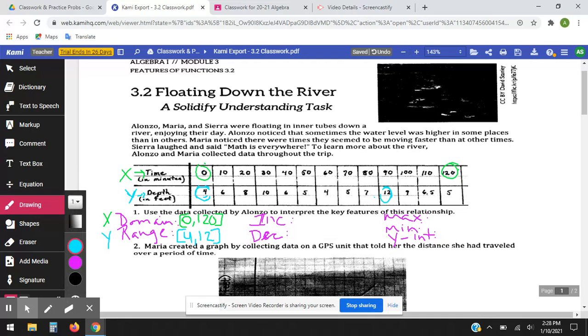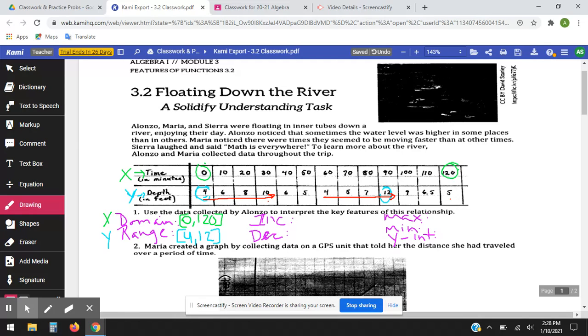So now increasing intervals. Our increasing interval is anytime ours is going up. So in this case, here we're going from 4 to 6 to 8 to 10. That's increasing, right? Now we're going down 6, 5, 4. Oh, here we're going up again: 4, 5, 7, 12. And then we go back down.